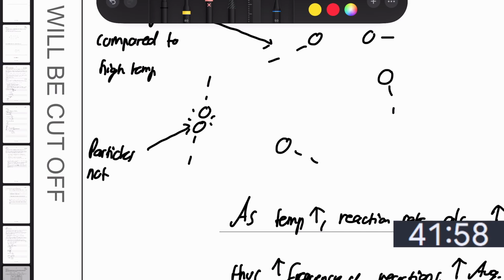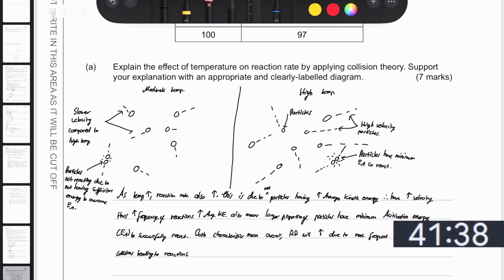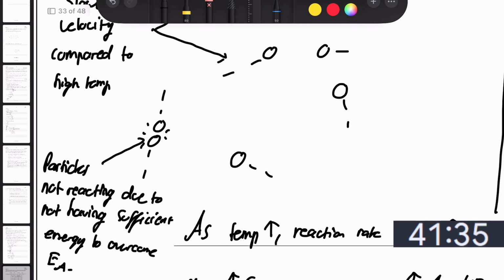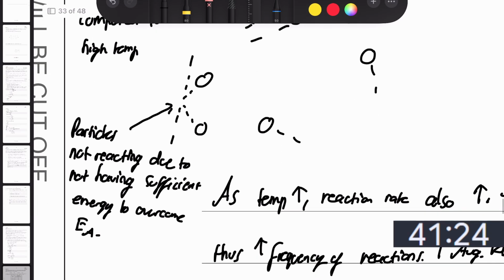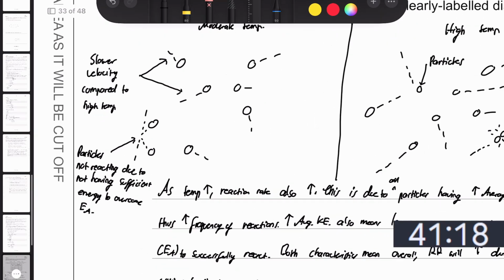Particles not reacting due to not having sufficient energy to overcome activation energy. So they bounce away. Okay, I think that's a better illustration.